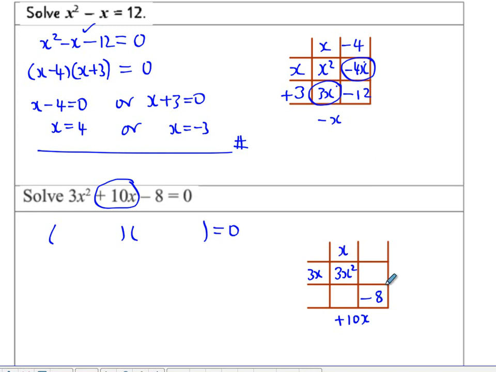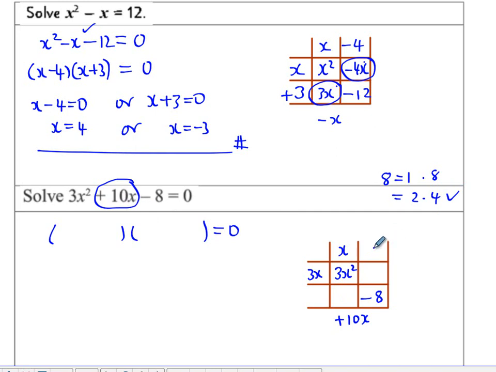Now 8. So let's write down the factors of 8 so that we can see 8 is 1 times 8. It's also 2 times 4. That's it. So do I use 1, 8 or 2, 4, which will allow me to get 10? Probably 2, 4. Not sure. Let's try.